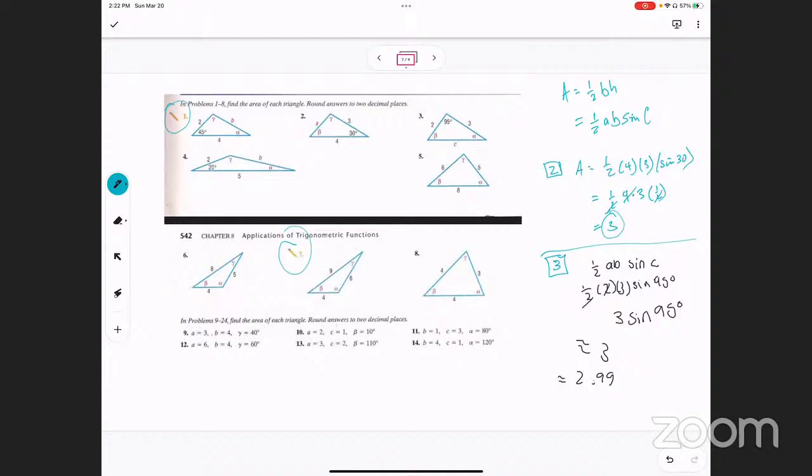Or do they want you to solve the triangle? Looks like they want you to solve it. Actually, I'm not really sure what they want you to do. I don't know if there's a formula for side, side, side area of the triangle. There might be.